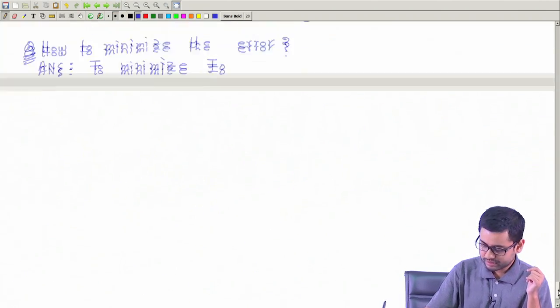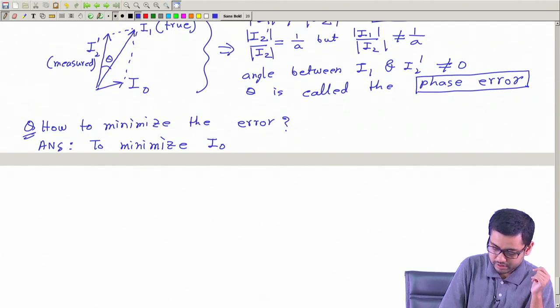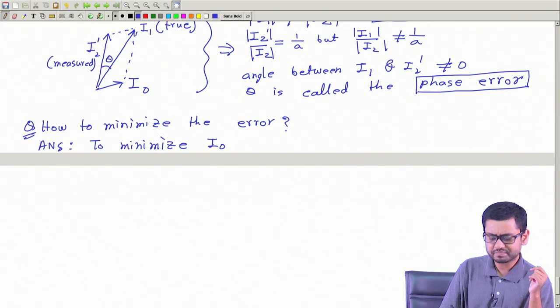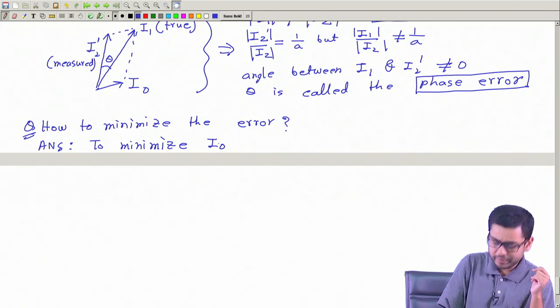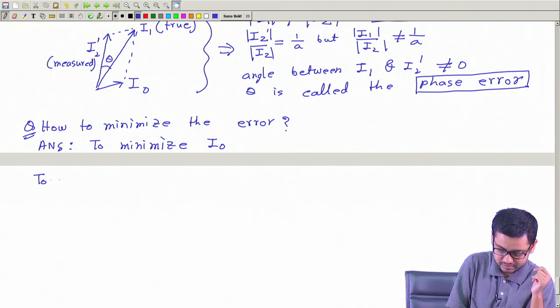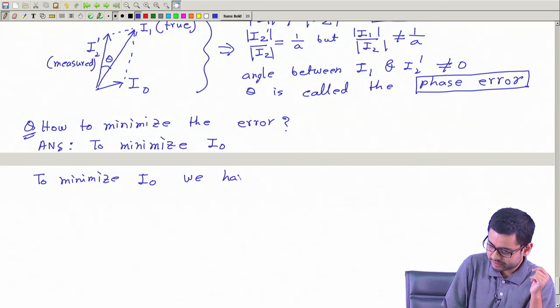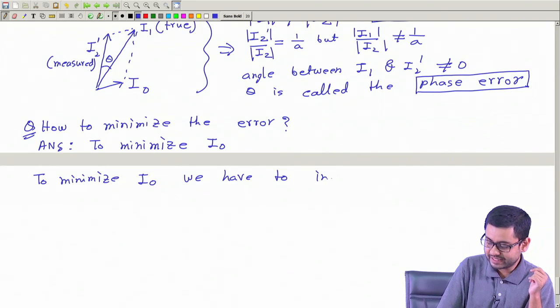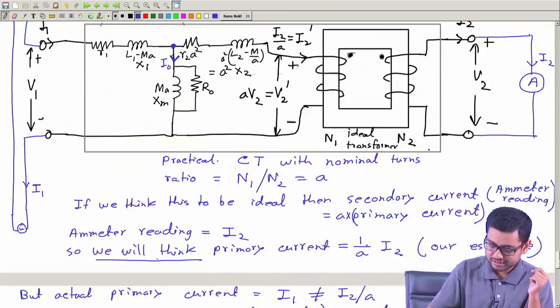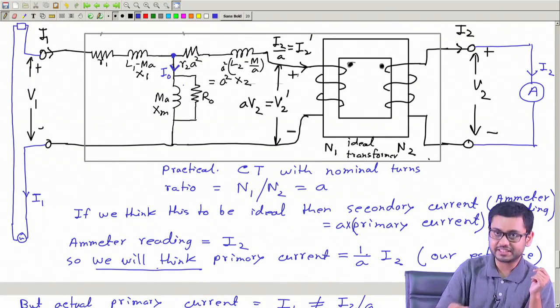So now how to minimize I0? To minimize or reduce I0, we have to increase what? These two impedances. If these impedances are high, then of course this current will be low.